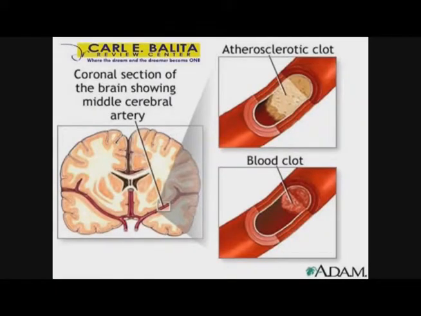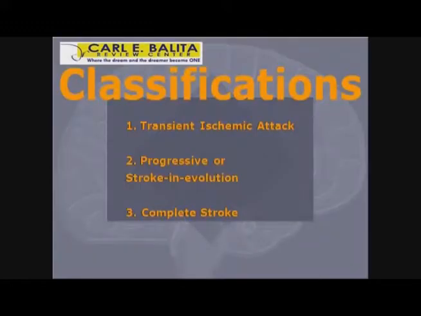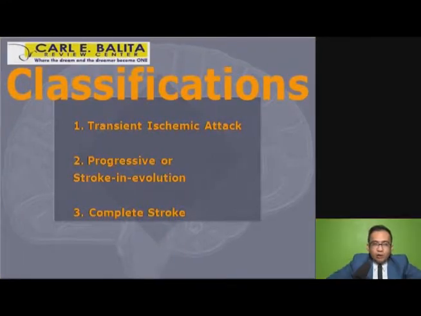Alright, now let us classify the different types of stroke. Okay? So classifications, we have three major classifications of CVA or stroke. First, let's talk about transient ischemic attack, TIA. Ano ba yung tinatawag po nating TIA? Pag sinabi nating transient ischemic attack, this is a temporary loss of blood supply to the brain.